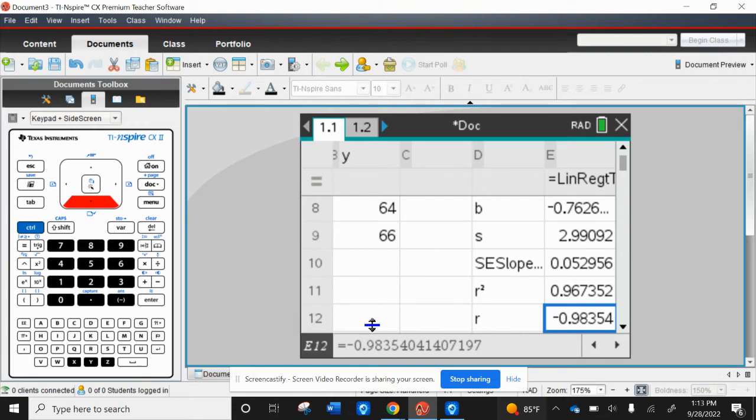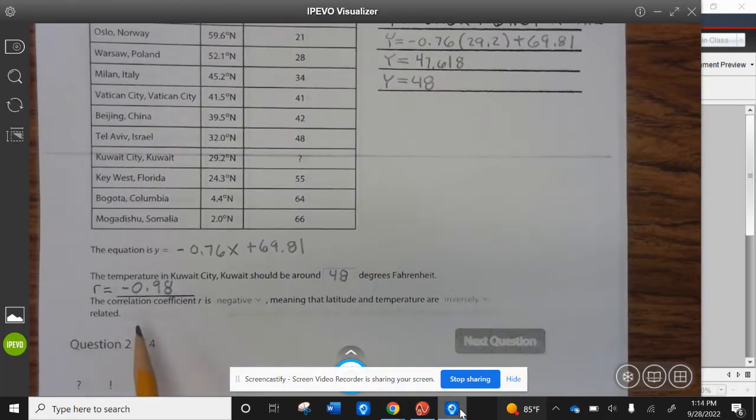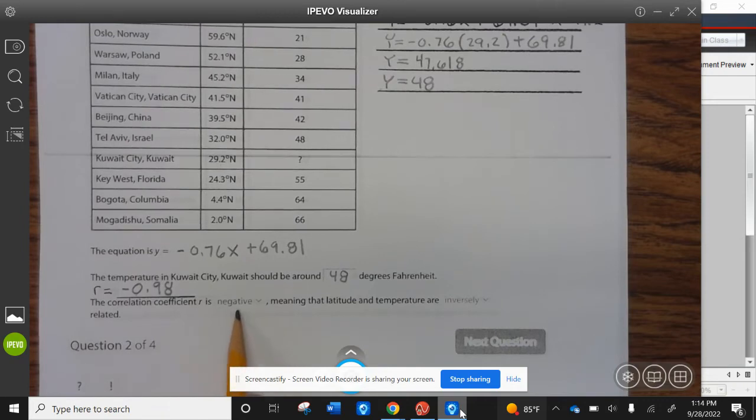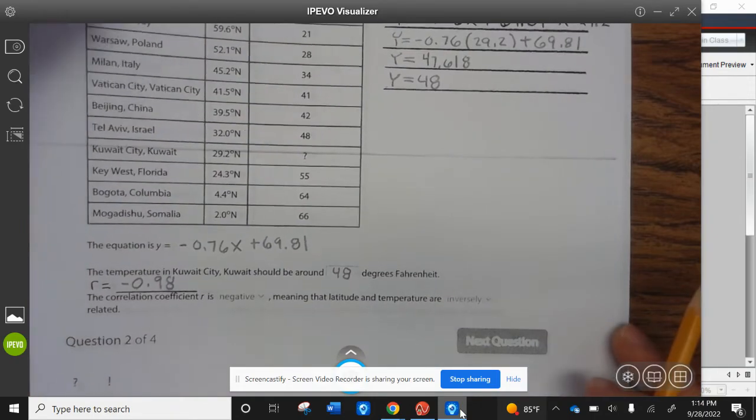All right, so R equals -0.98. The correlation coefficient R is negative, meaning the latitude and the temperature are inversely related. All right, go ahead and finish up example 2.